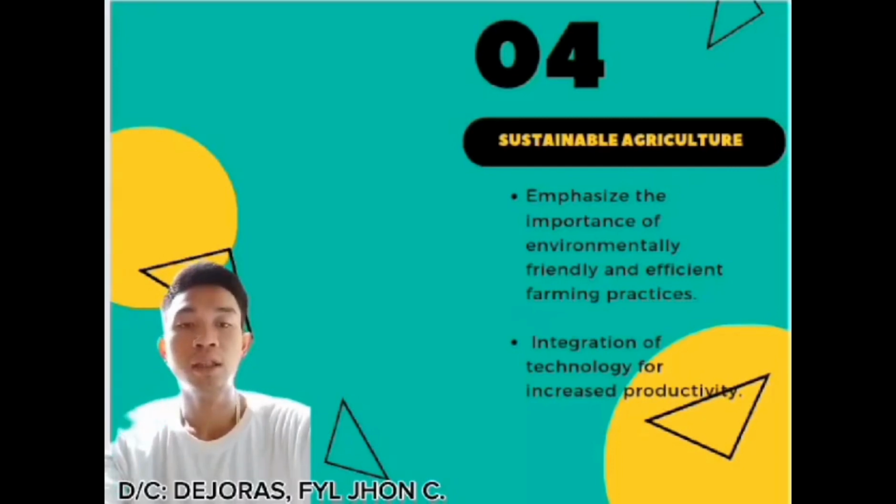So key principles include crop rotation, integrated pest management, and the use of organic and natural inputs. So the goal is to create a balance between economic viability, environmental stewardship, and social responsibility in the agricultural system.